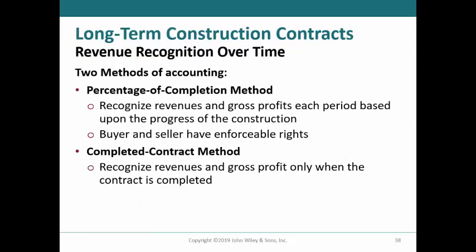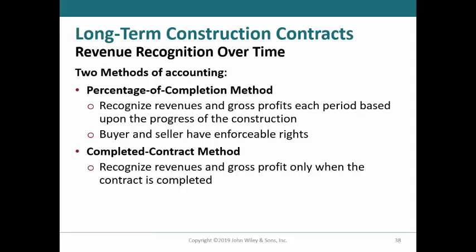Two methods are used to account for revenue on long-term construction contracts: the percentage of completion and the completed contract methods. Using percentage of completion, the company will recognize revenue and gross profit each period based on the progress of the contract.